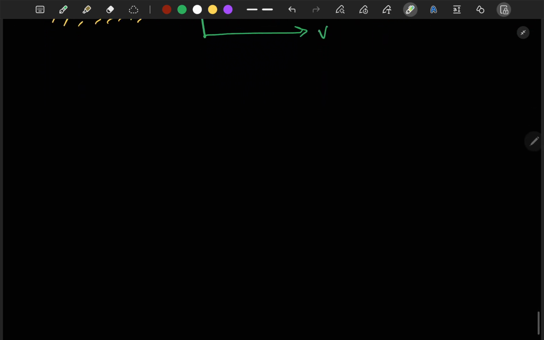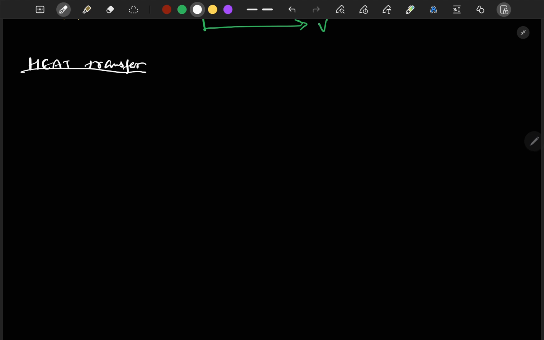Now we have discussed work, and we will start discussing heat transfer. What is heat transfer? Heat is also a form of energy. Heat is a method of energy interaction which takes place by virtue of temperature difference.